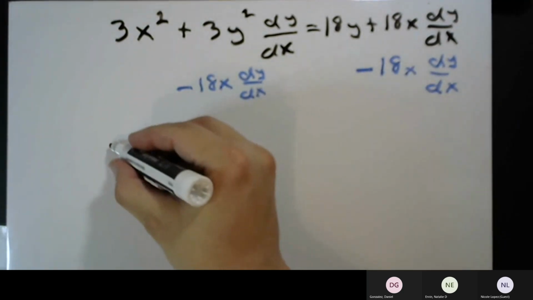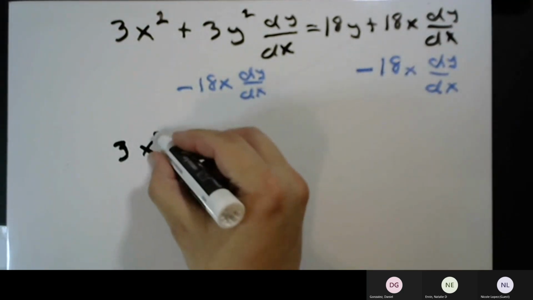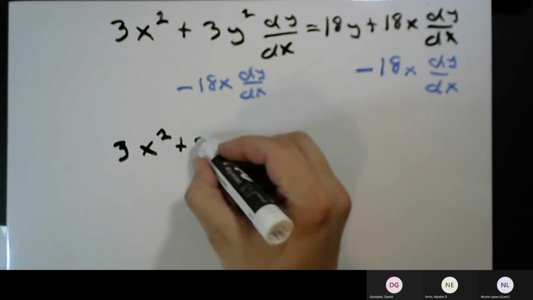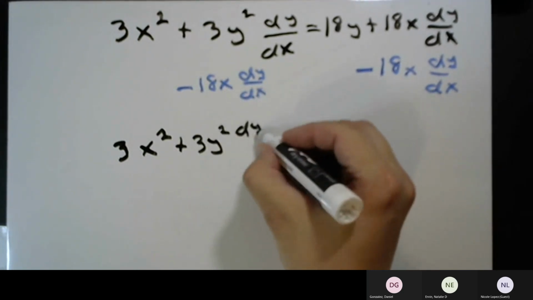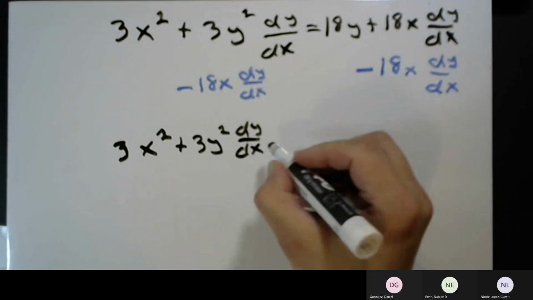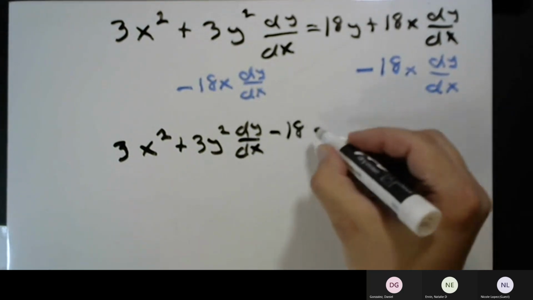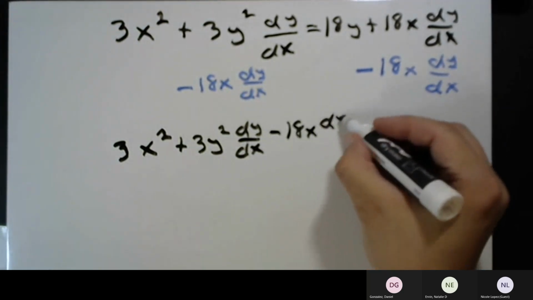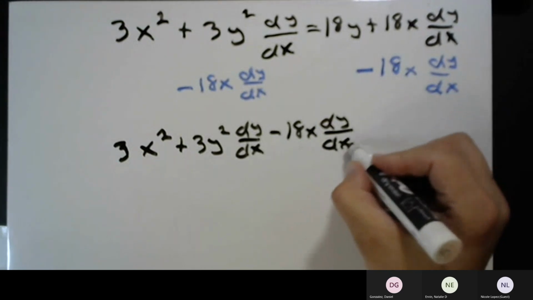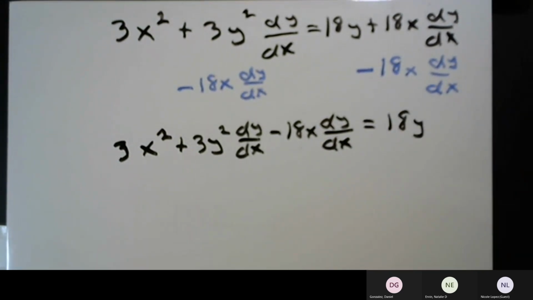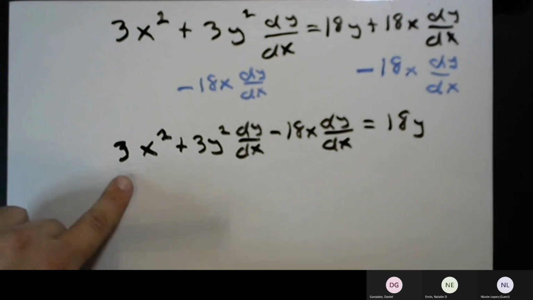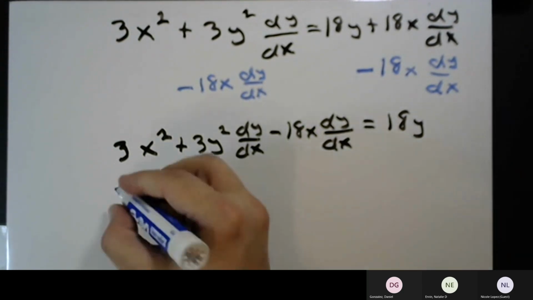And so that'll give us 3x squared plus 3y squared minus 18x dy dx equals 18y. And again, we want dy dx by itself, so we need to get rid of this 3x squared.